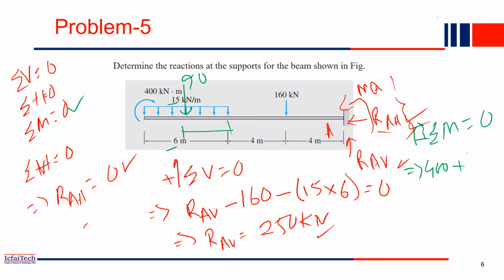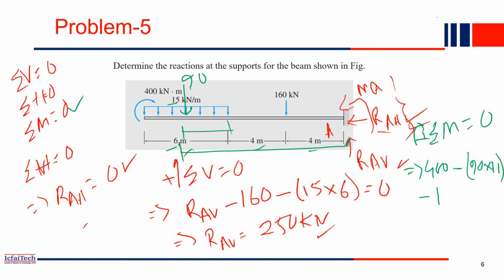So we will have 90 into distance. Force into distance is the moment. This distance is 4 plus 4 plus 3, that is 11. This is going to be anti-clockwise direction. So anti-clockwise means it should be negative. Then minus one more force is acting, 160.